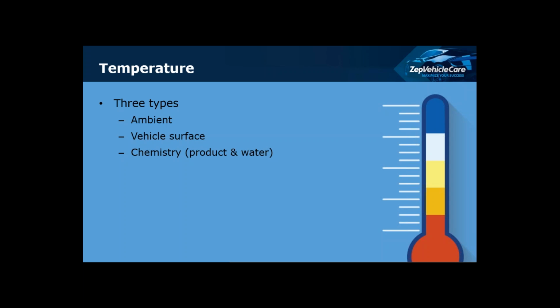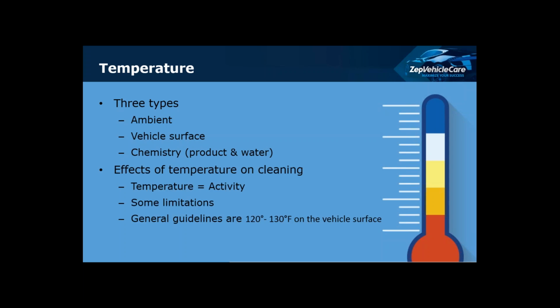And then the third area is the chemistry, the product in the water, and more specifically the temperature of the water, whether you need hot water or cold water, and how that affects the cleaning of the chemistry. One thing specifically on temperature, as you see on the screen, are the effects of temperature. Temperature really equals activity.